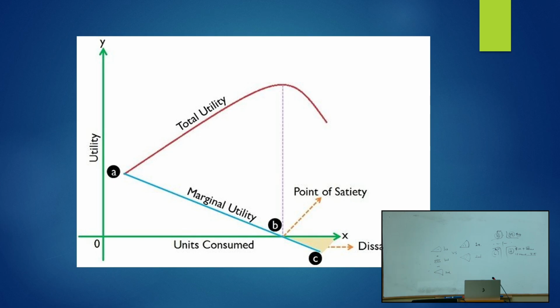With the first pizza, the second pizza, the third pizza, the marginal utility decreases. Sometimes when you consume 5 pizzas, this minus area is where I neglect it. I don't want any more. Sometimes in this area I cannot eat more pizza. At that time, the total utility is maximum.